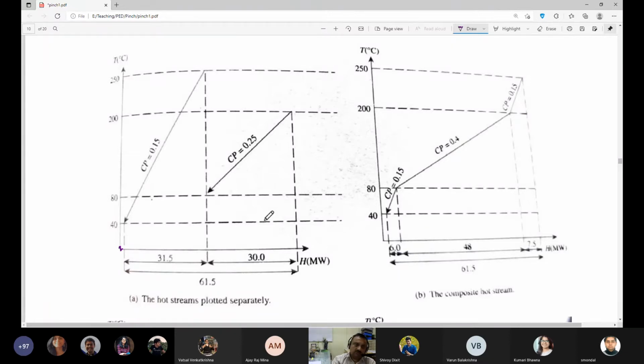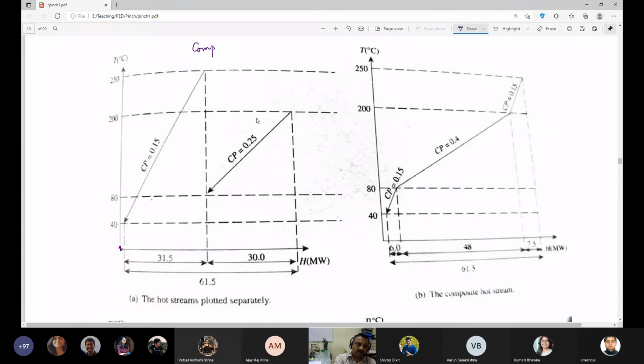Okay. So then we note that when we look at the hot stream, between 80 and 200 I have a common portion, right? What we are heading to is something called a composite curve.